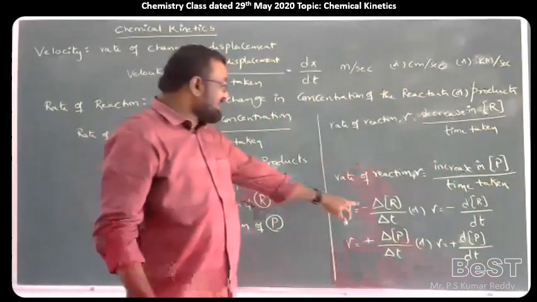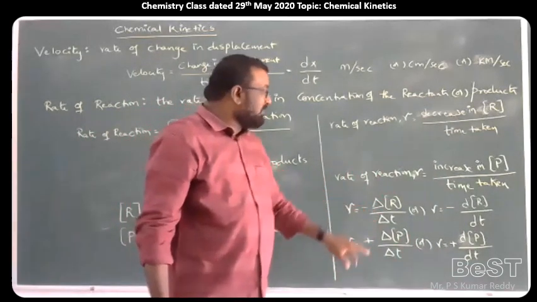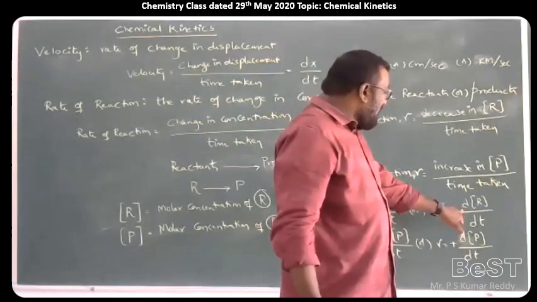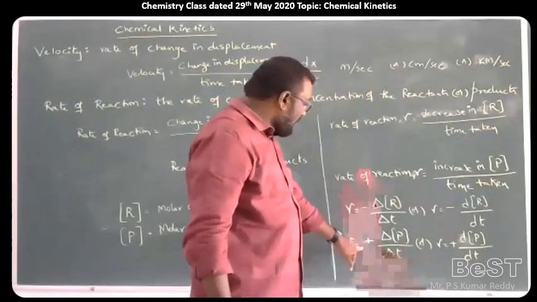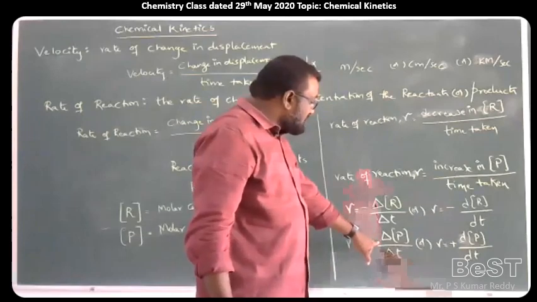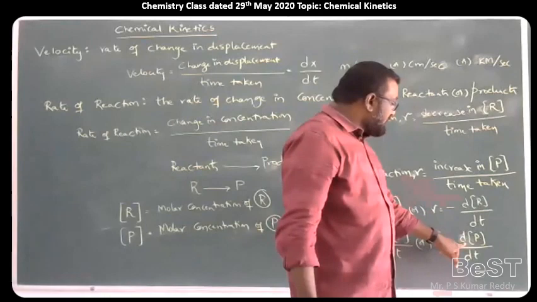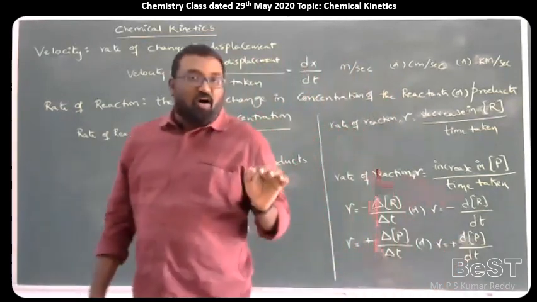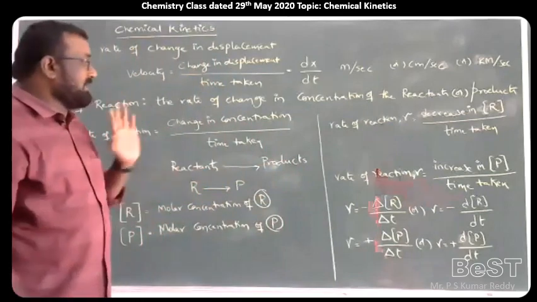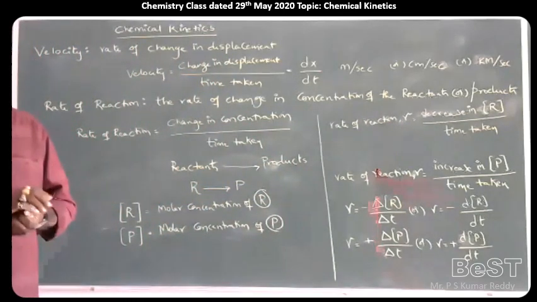Here, the plus sign says that with respect to products, there is an increase in concentration of products by time taken, or a small increase in concentration of products by time taken. This is the formula for rate of reaction with respect to reactants and products.